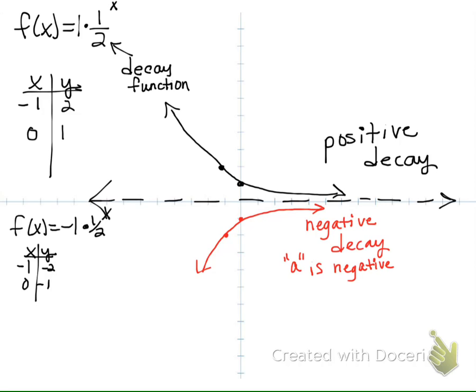Just curious, are there any fractions bigger than 1? Yeah, improper fractions, right? So just because the b value happens to be a fraction, don't automatically assume it's decay, because maybe that fraction is improper. So check that out.